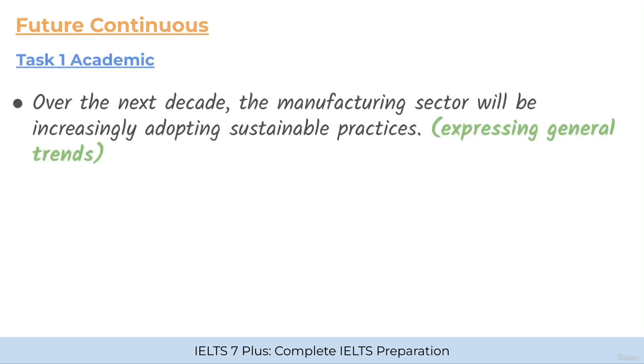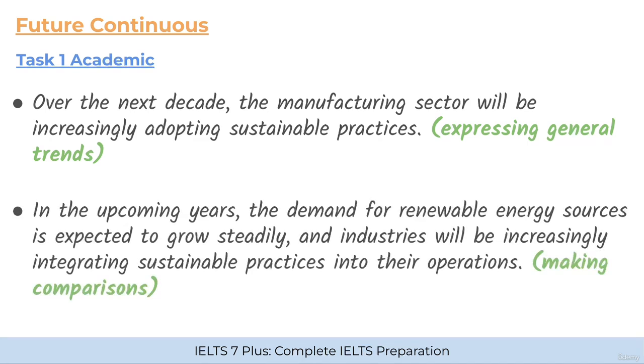Okay, so now let's look into some task 1 academic sentences that you might find yourself writing and thinking about. You could say something like, over the next decade, the manufacturing sector will be increasingly adopting sustainable practices. Another one, in the upcoming years, the demand for renewable energy sources is expected to grow steadily, and industries will be increasingly integrating sustainable practices into their operations.